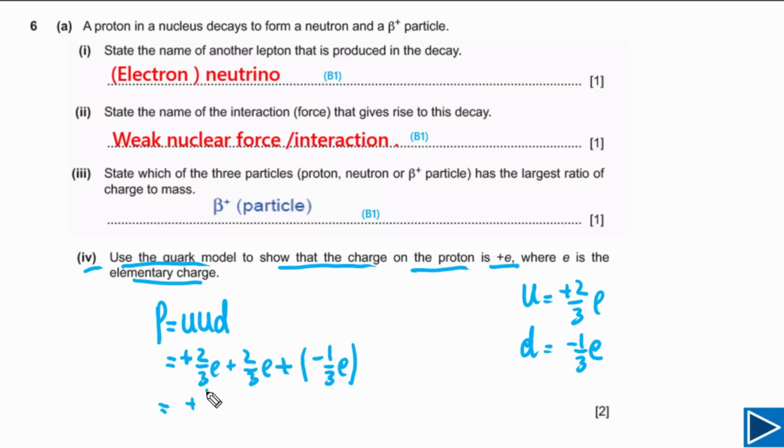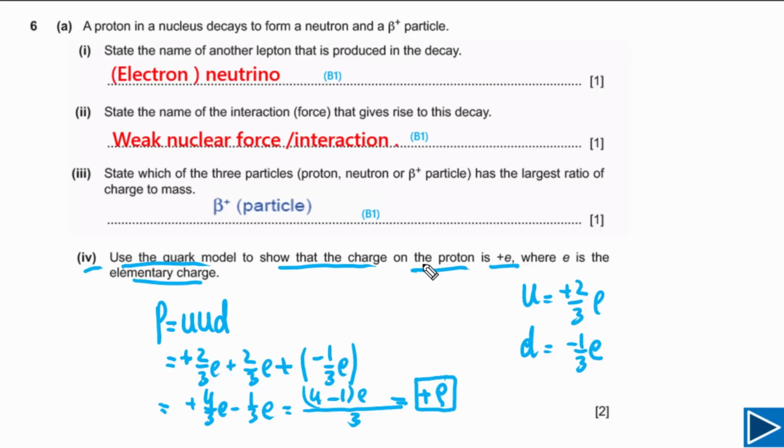So we can say this is plus 4 by 3e minus 1 over 3e. Now we can take the LCM. So this will be 4 minus 1 times e over 3. If we simplify this, our final answer will be plus e. So the charge on a single proton is equal to plus e.